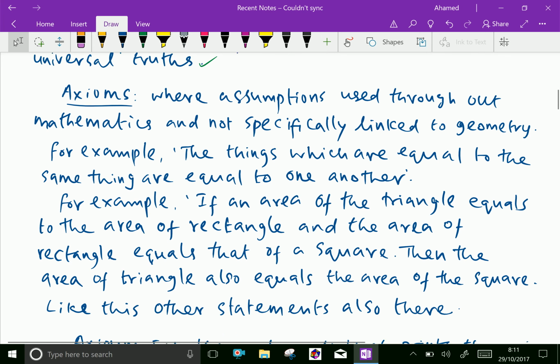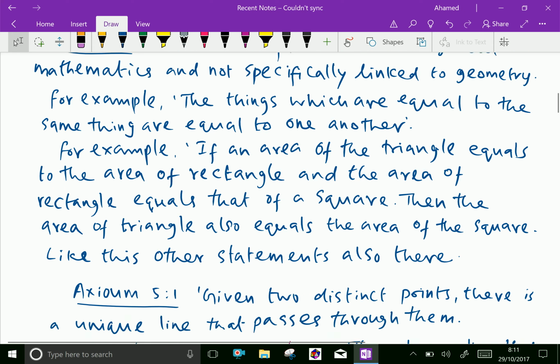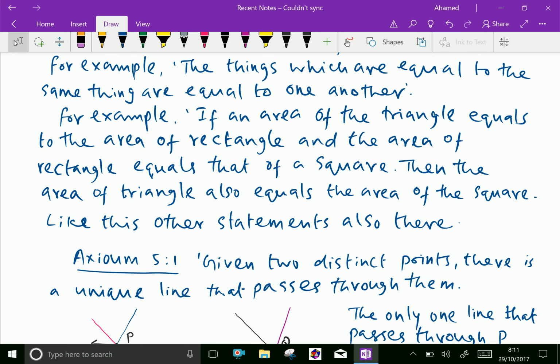For example, things which are equal to the same thing are equal to one another. For example, if the area of a triangle equals the area of a rectangle, and the area of the rectangle equals the area of a square, then the area of the triangle is also equal to the area of the square. Like this, other statements also exist.